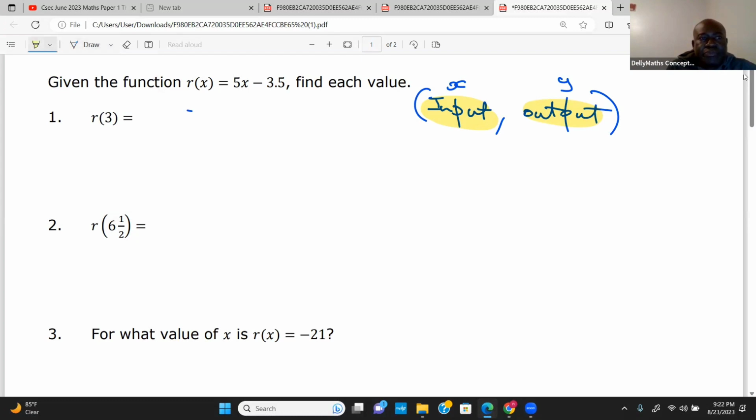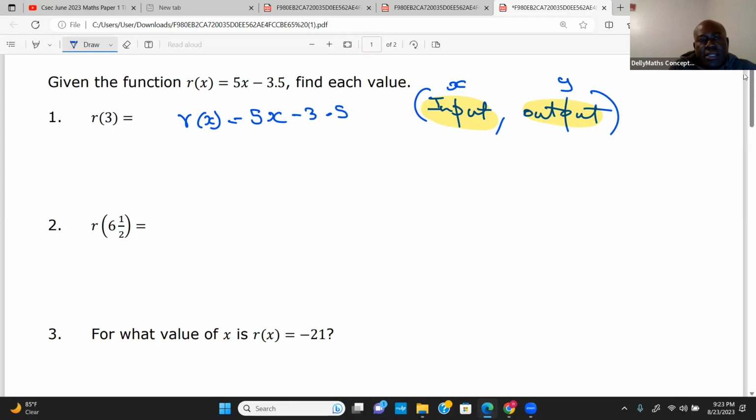In this case, we're asked to find r of 3, which means that we're going to take the r function. For example, our function says r of x is equal to 5x minus 3.5.